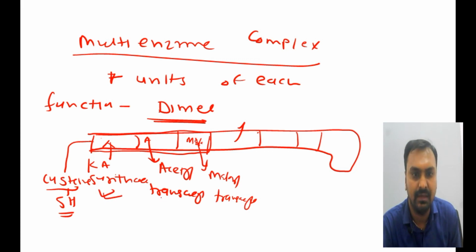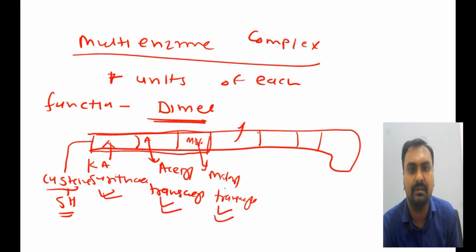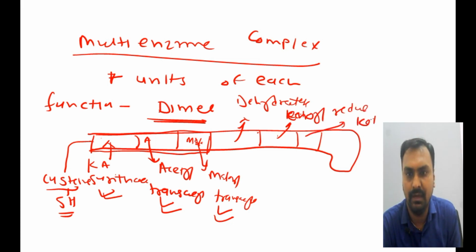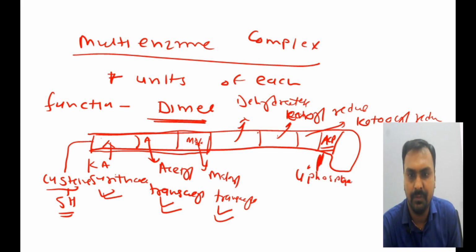One is ketoacyl synthase, acetyl transacylase, malonyl transacylase, then the fourth is dehydratase, then we have enoyl reductase, ketoacyl reductase, then we have the ACP portion, acyl carrier protein, which is bound with a pantothenic acid derivative, phosphopantetheine, and it has a thiol group.